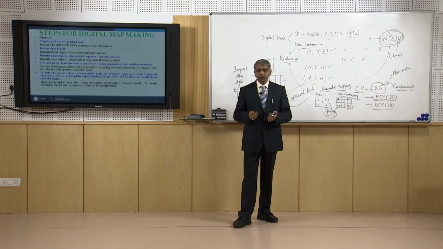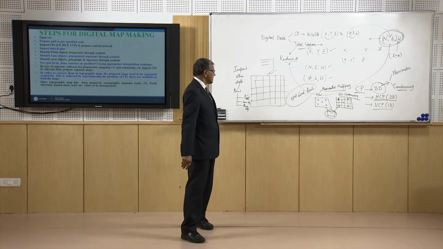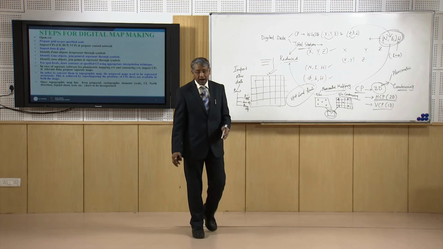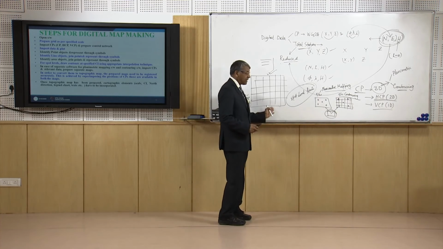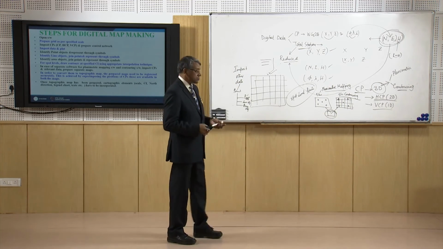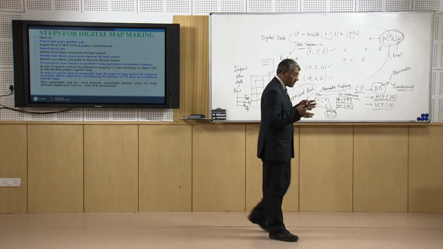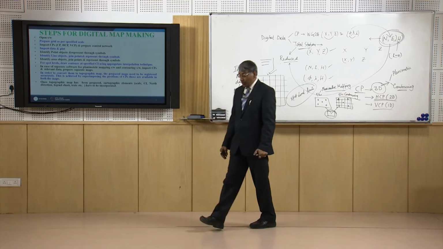Already I told you in some other class that scale may be represented in 3 ways, but generally in a topographic map we give the graphical scale as well as the representative fraction. So, both the scales are given in a topographic map.